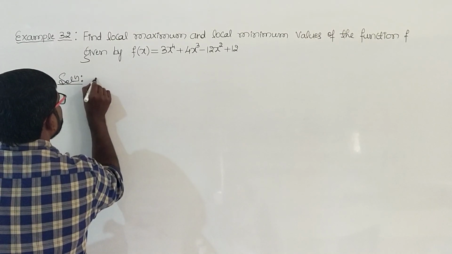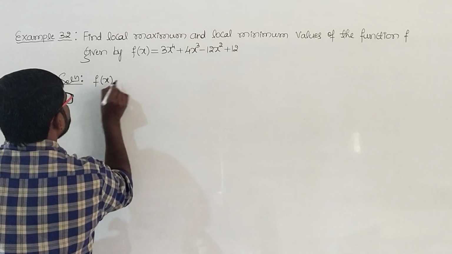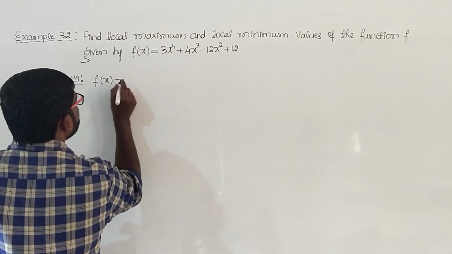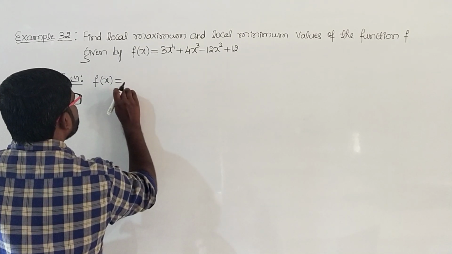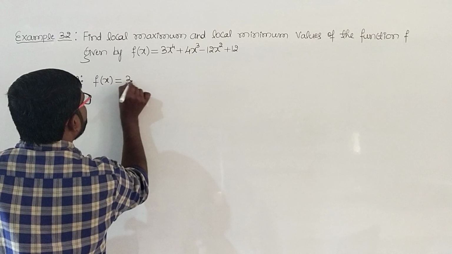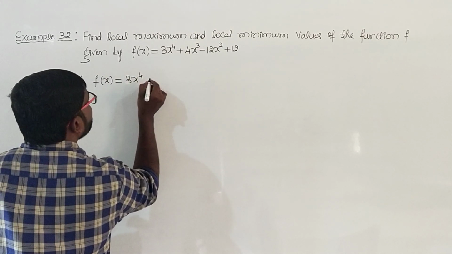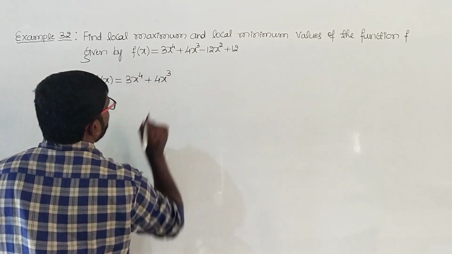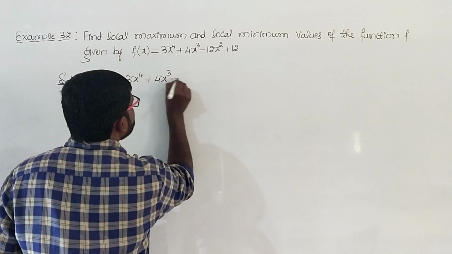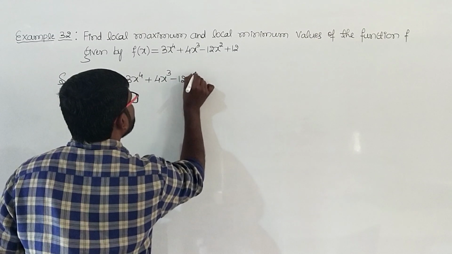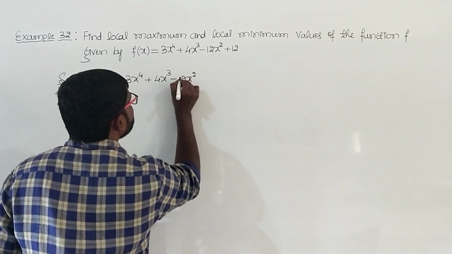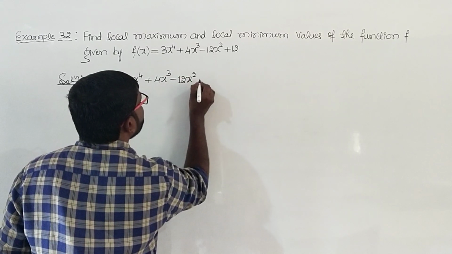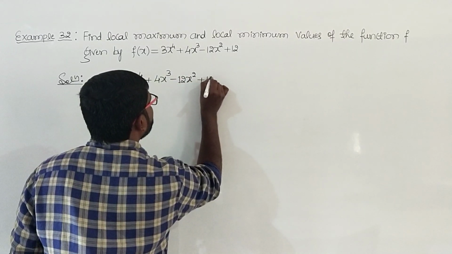So f of x equal to 3x to the power 4 plus 4x cube minus 12x square plus 12.